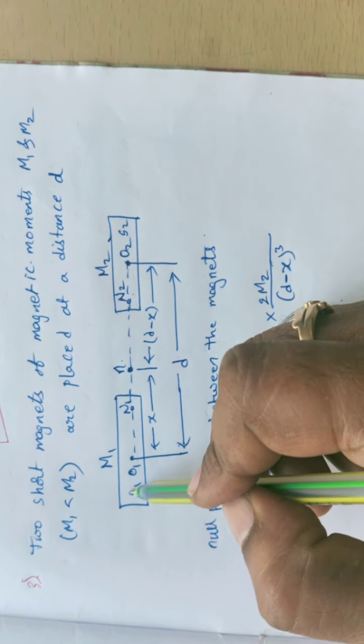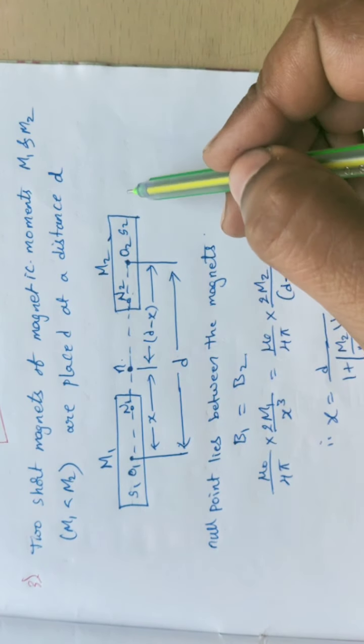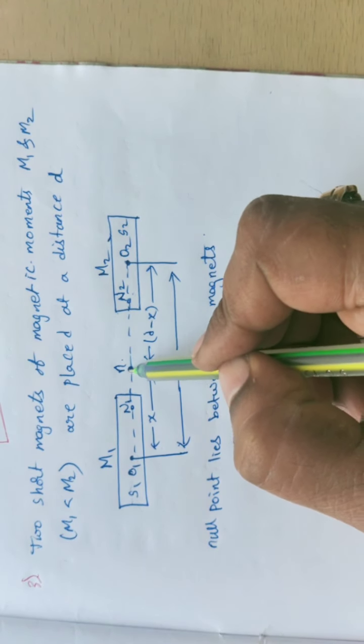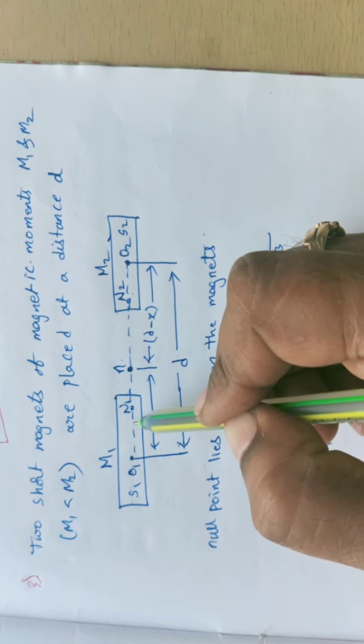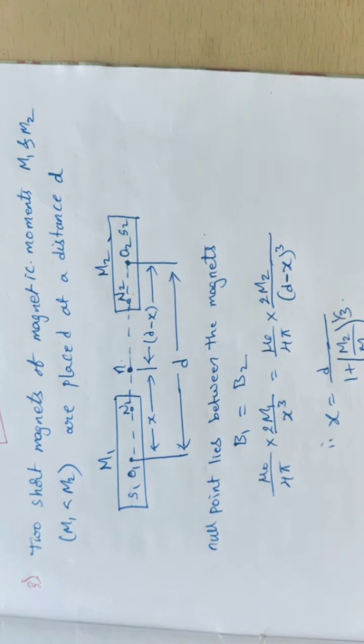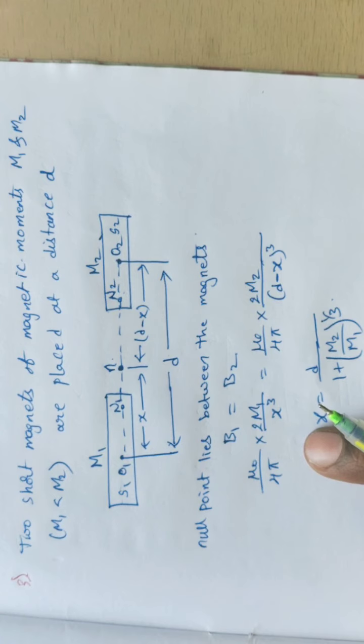See, students, this is the common axis for both the magnets. The null point lies on the axial line of the first magnet, and this small n also lies on the axial line of the second magnet. So here we are remembering the axial line concepts. Here also B1 is equal to B2.